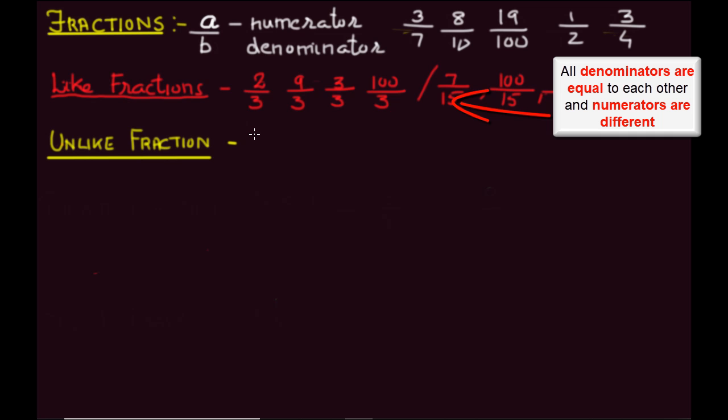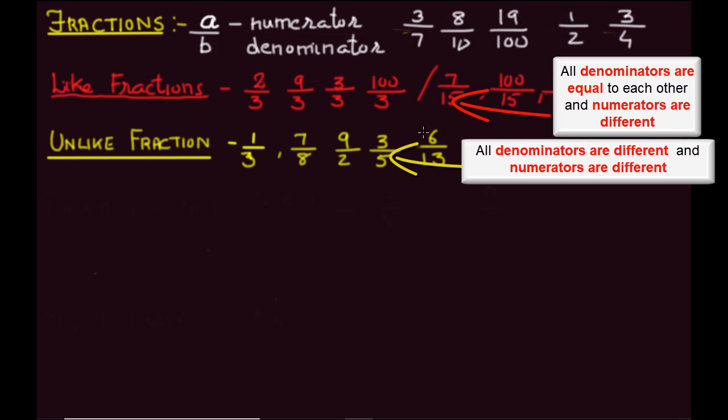For example, 1 by 3, or you have 7 by 8, 9 by 2, 3 by 5, 6 by 13. Do you see that? All the denominators don't seem to be the same, but they're all different, both the numerators and denominators, so they are referred to as the unlike fraction.